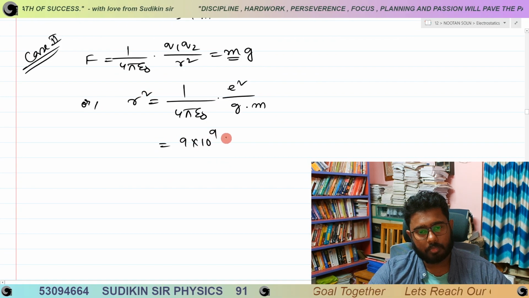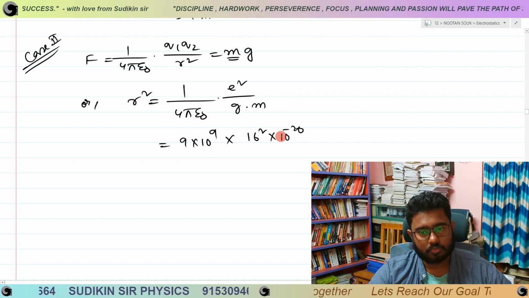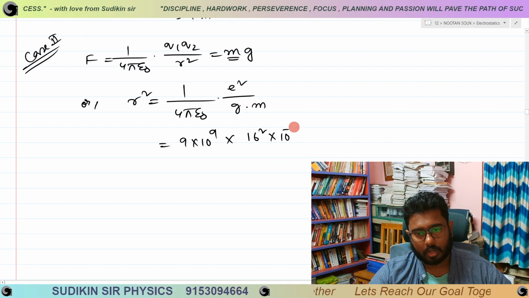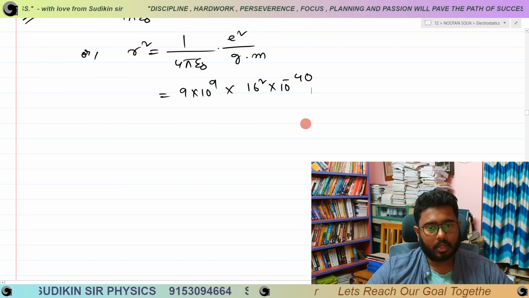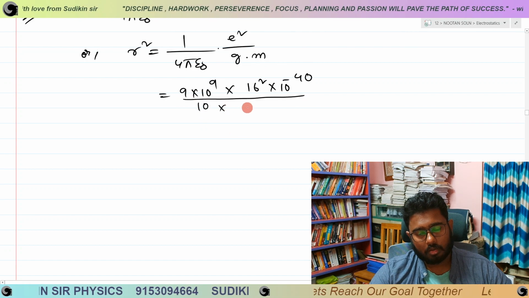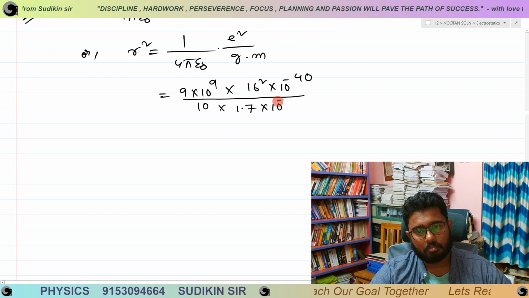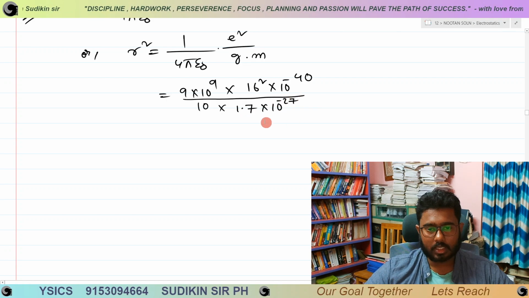So 9 into 10 to the power 9, e squared will be 1.6 square into 10 to the power minus 40, divided by g. g is 10. m is 1.7 into 10 to the power minus 27 in SI, this much kg.